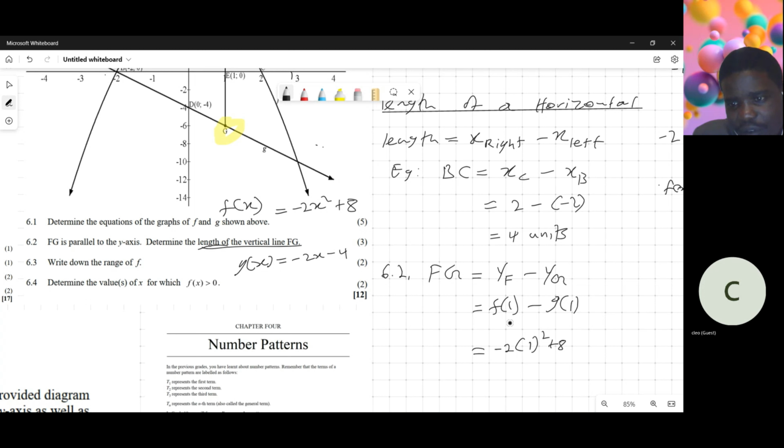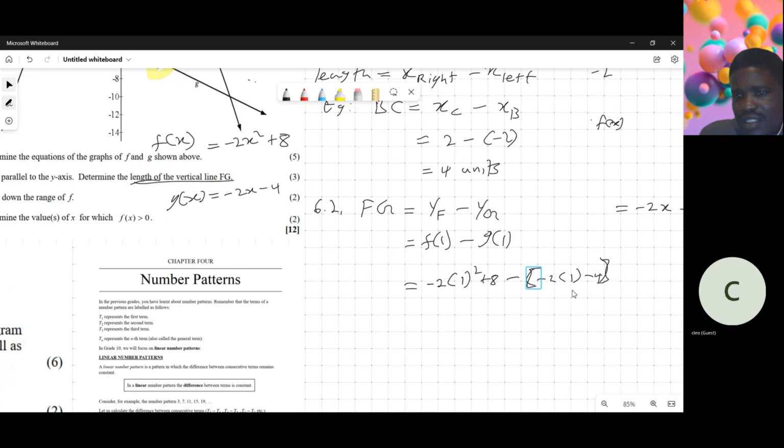This is f of 1. It means that in f, where there is x, you put 1 there. Then minus, and open bracket, you substitute 1 in g. That is negative 2, open bracket, 1, close, minus 4. This is what it means to say g of 1.